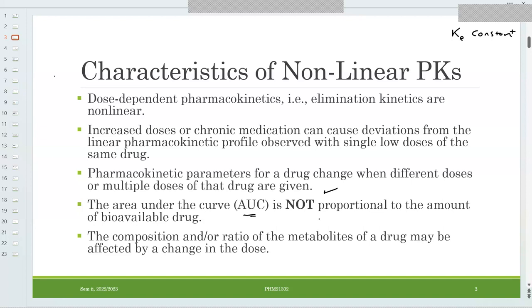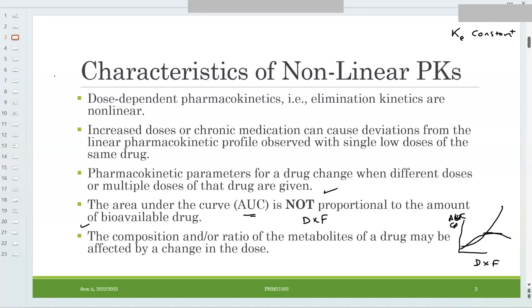The area under the curve also will not be proportional to the amount of drug that is given. Means if you multiply the dose by F and then you plot dose versus AUC, dose times F versus AUC, or versus CP even, will not give a linear relationship. The relationship may be nonlinear, up or down.